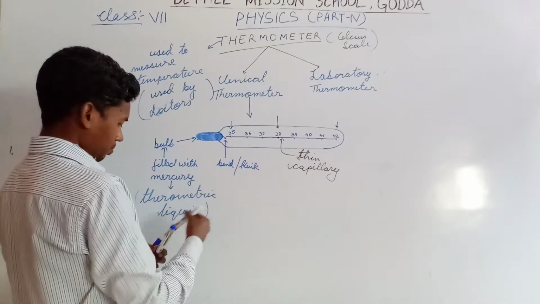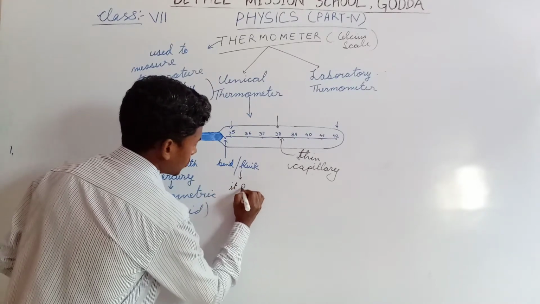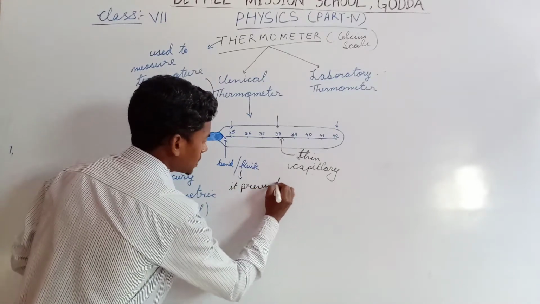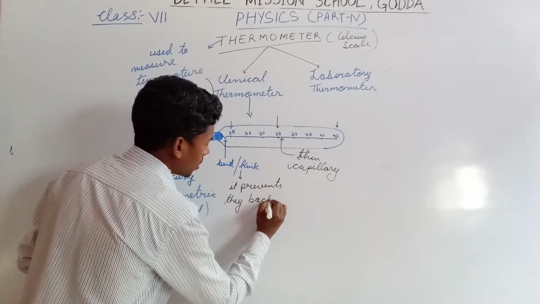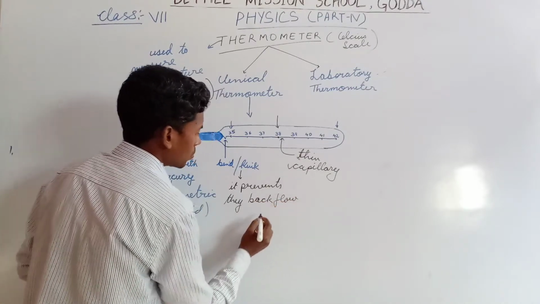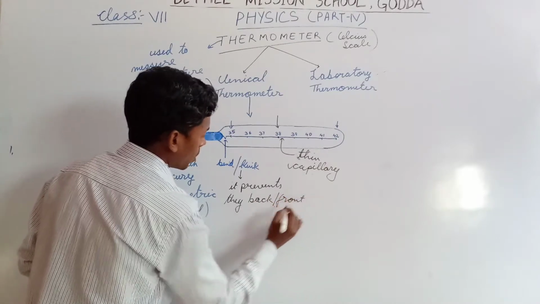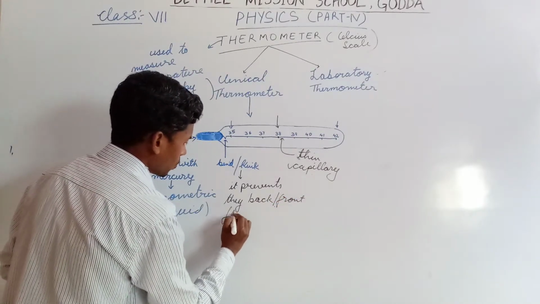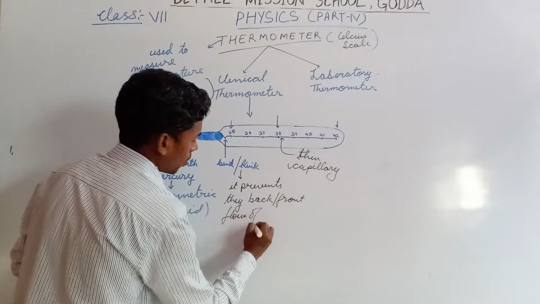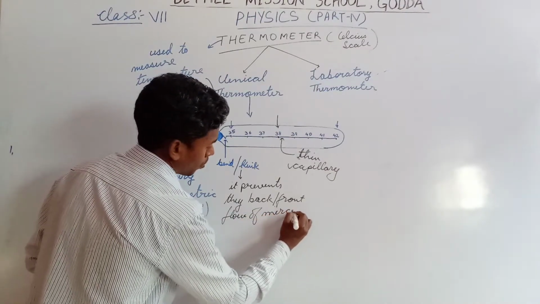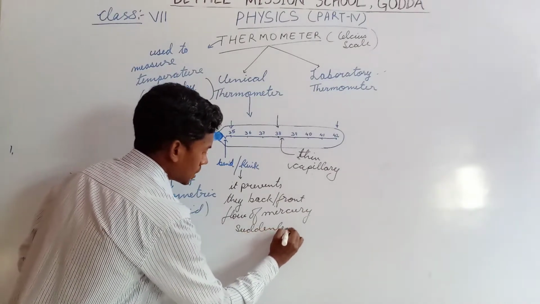What does it do? It prevents the back or front flow of mercury suddenly.